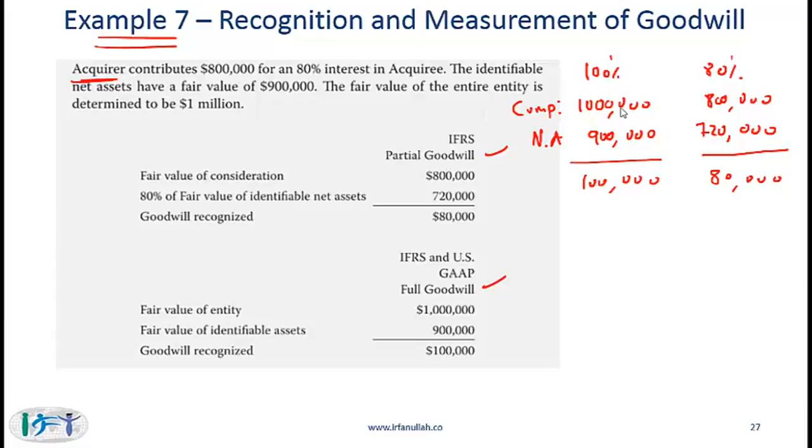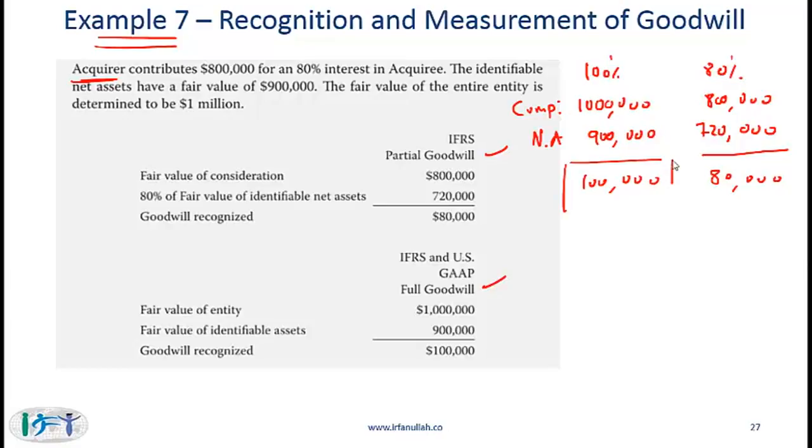But the acquirer acquires 80%. So 80% of 1 million would be 800,000. The total fair value of the net assets is 900,000, and 80% of 900,000, which represents the share of the acquirer, would be 720,000. Given these numbers, there are two ways of coming up with goodwill.